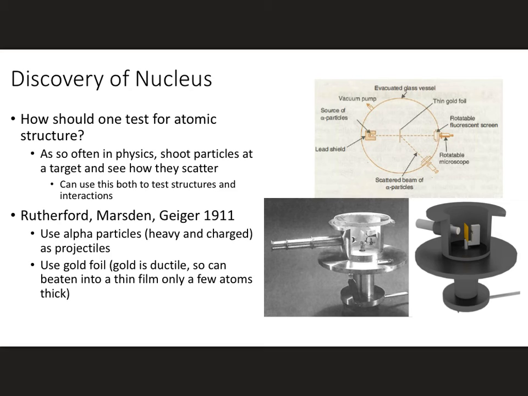A lot of pictures that you see of this apparatus neglect the fact that you have to have an evacuated chamber in which to do this, because the alpha particles will hit the air otherwise. Here's a picture cutaway of an actual apparatus. So here, this is the source, the gold foil, and the telescope to view. And this is a schematic version of that.